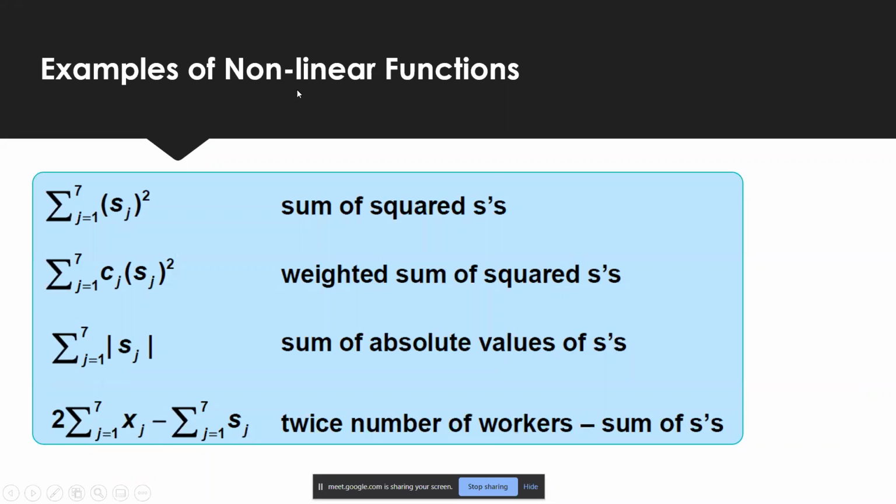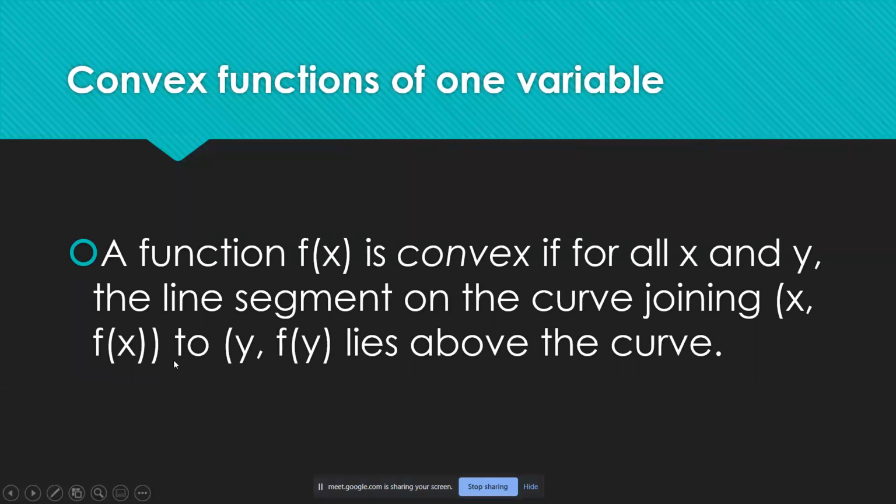Okay, so ito yung example ng mga nonlinear functions. So may mga square, may mga absolute values. Ngayon guys, sa linear, kailangan daw naka-convex function siya. Paano mo masasabi kung convex function siya?